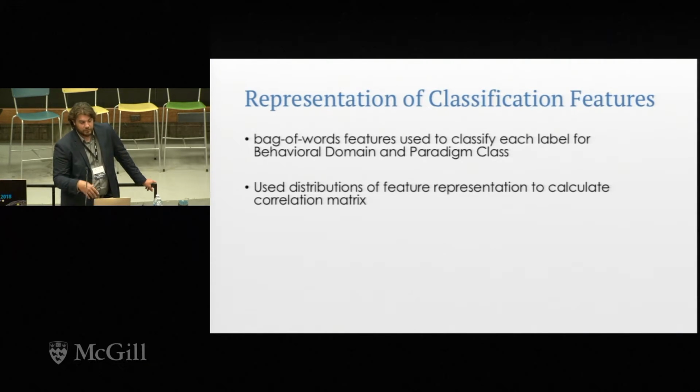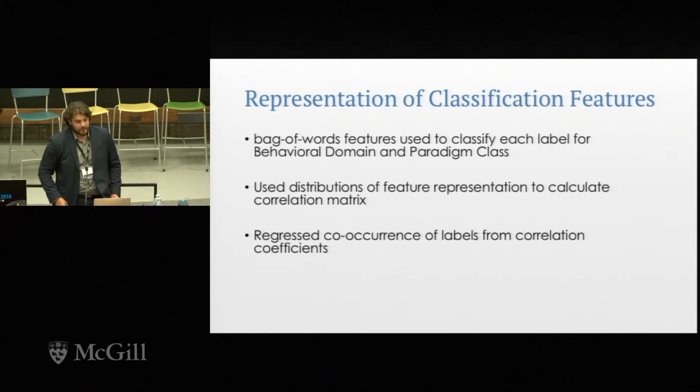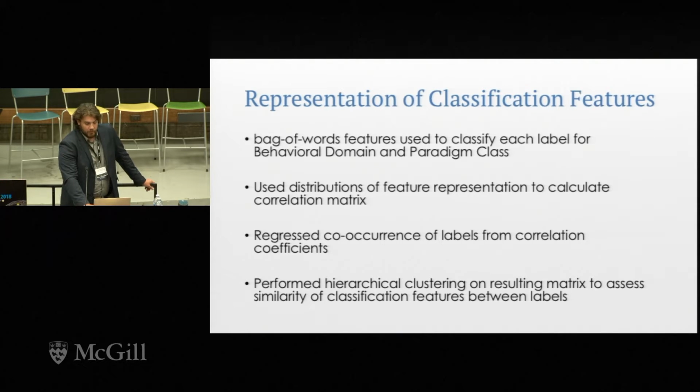And to do that, we took the feature representations for each label and calculated a correlation, and then regressed the co-occurrence of labels from this matrix, because labels like emotion and emotion.fear will just tend to co-occur more frequently. Then we performed hierarchical clustering on the resulting matrix to assess the similarity of classification features between labels.